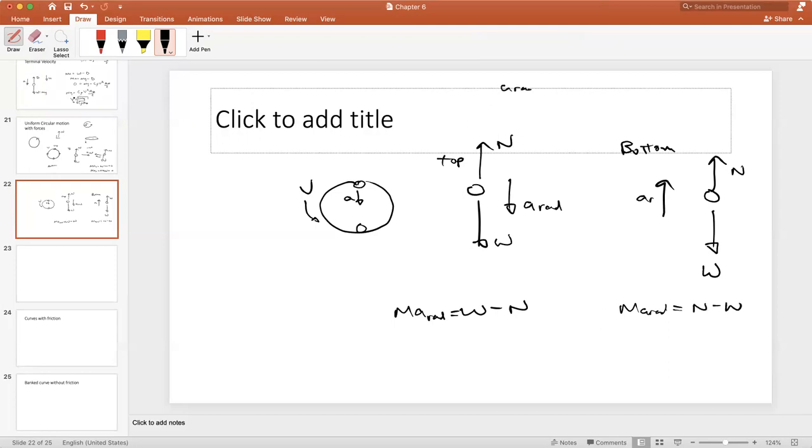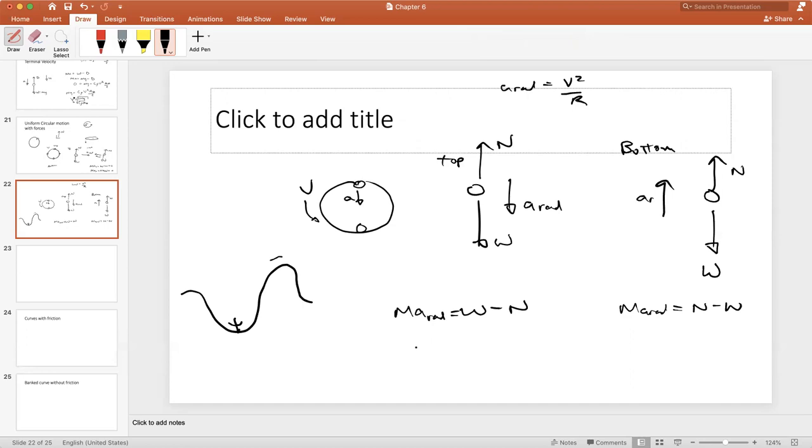Other thing, remember that A-rad is V squared over R. Don't forget that. But here, you actually feel this in your car. If you've ever gone on a road that dips down and comes up on a hill, at the bottom you feel yourself pushed down into your seat. And at the top, you feel weightless.